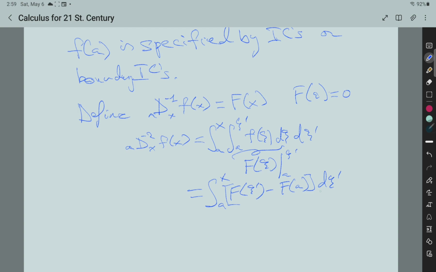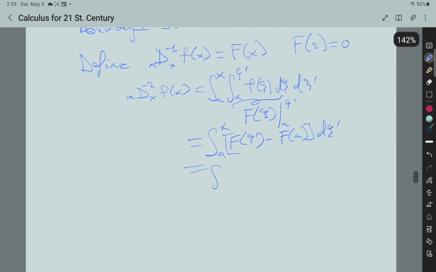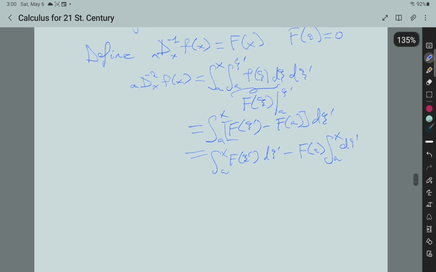Okay, so here you could use the linear properties of these functions and separate this into two integrals. So this becomes the integral from a to x of F of c prime dc prime, minus F of a, which is just a constant, so you could pull that outside of the integral, a to x, dc prime.